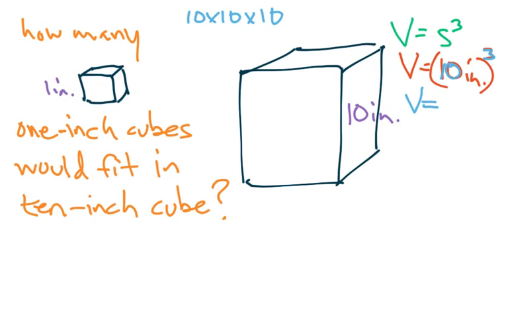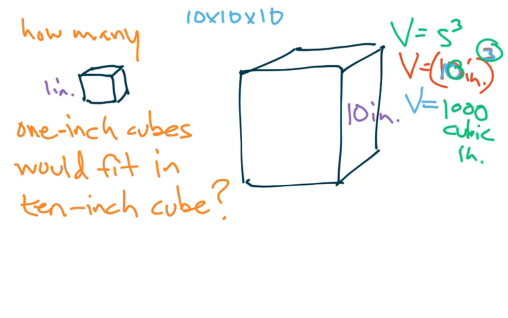However, there's a little trick with tens and exponents: you just have to think about the 3, the exponent, and the 0. Notice that what you end up with is a 1 with, guess how many zeros? Yeah, 3 zeros. 1, 2, 3. So the volume of my 10-inch cube is 1,000 cubic inches.